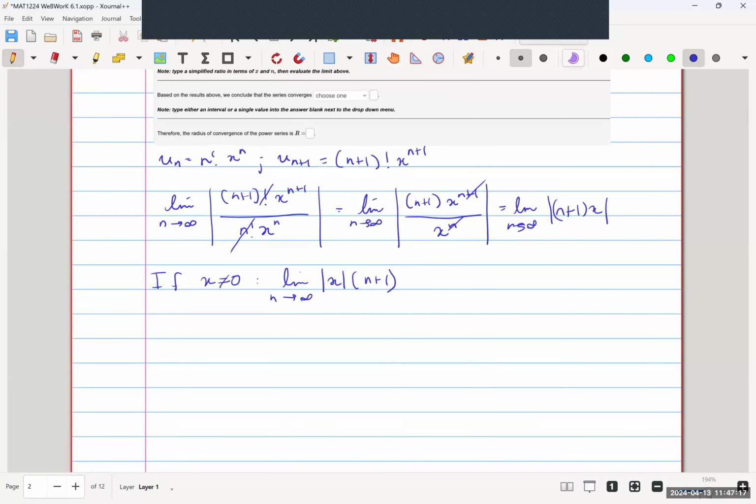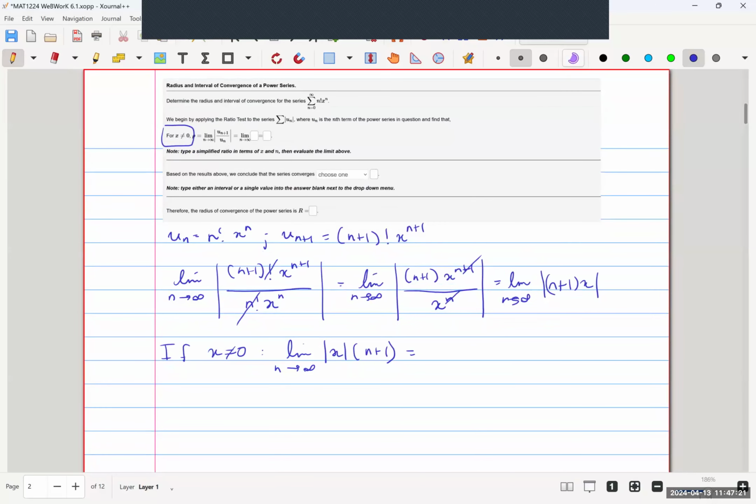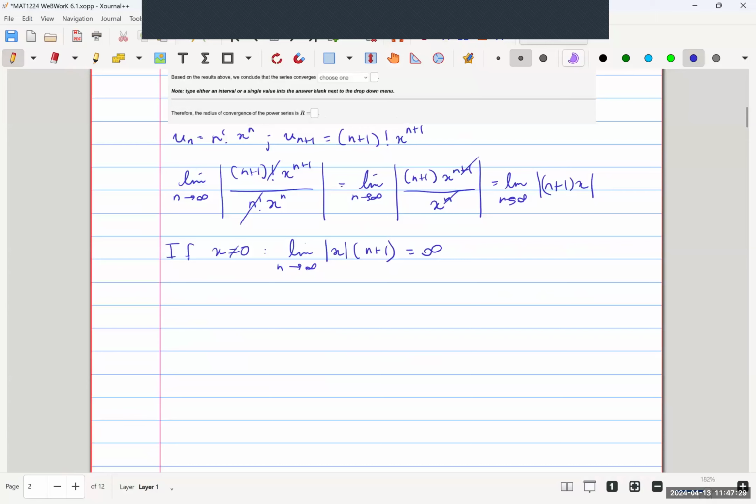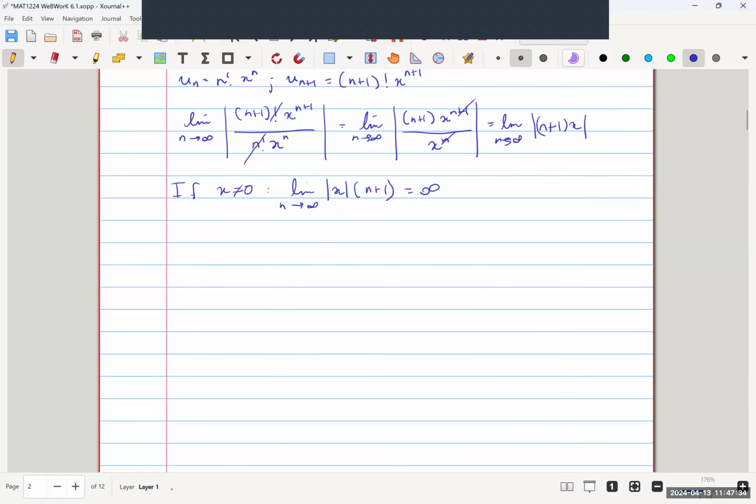So now we know that's infinity. And we know from the results that it is only at the value when x is equal to 0, every term in the series is 0, thus the series converges.